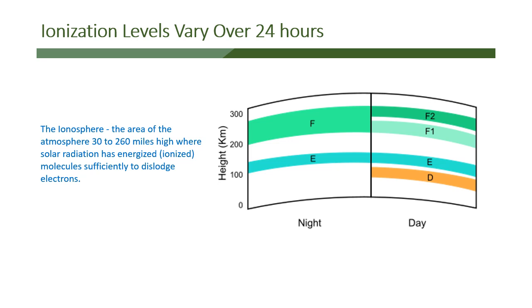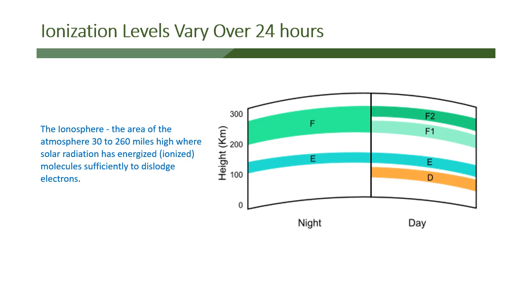So there is always a rate at which these atoms or molecules are trapping an electron and becoming neutral again and no longer ionized. However, if there's enough solar energy hitting that area, the rate of ionization is higher than the rate of recombining, and therefore we get a higher level of ionization than of recombining. And this is the crux of why we have different layers.